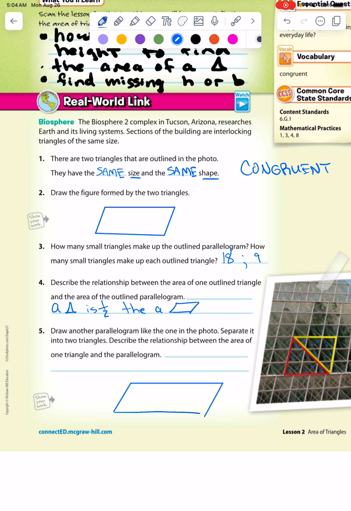Would that change anything if I make my parallelogram bigger? I don't think so, right? Other than that this line right here isn't straight. So this is half the parallelogram, and this is half the parallelogram. So each triangle is half of the parallelogram.